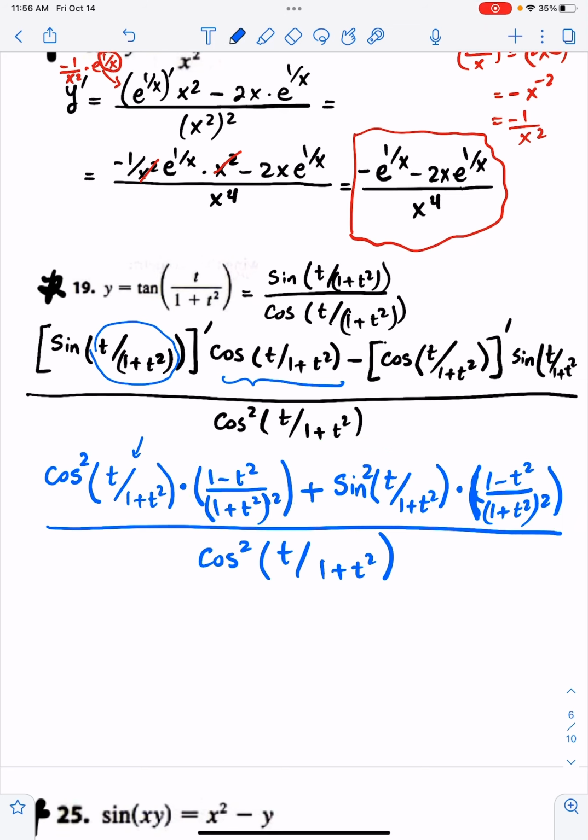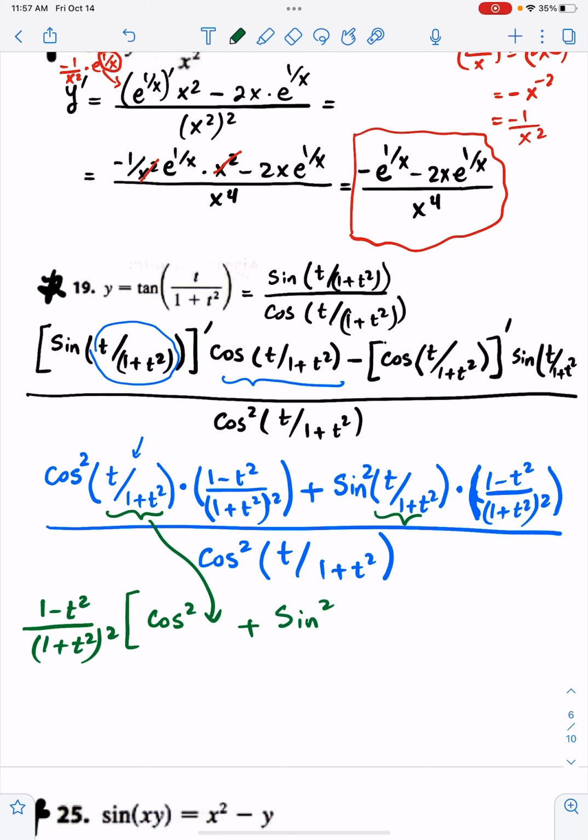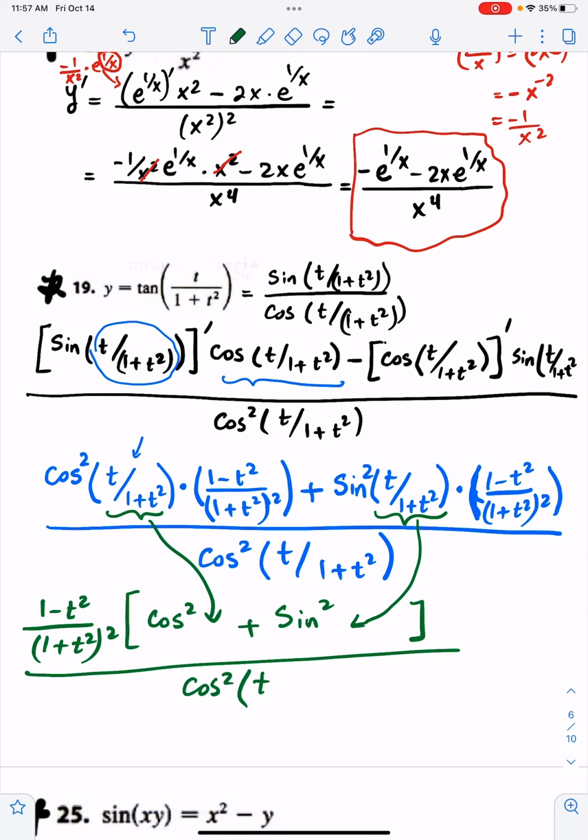So if I factor that out, let me use green for this line, 1 minus t squared over 1 plus t squared to the power 2, times cosine square of this quantity that I have here plus sine square of the same quantity that I have here, all over cosine square of t over 1 plus t squared.